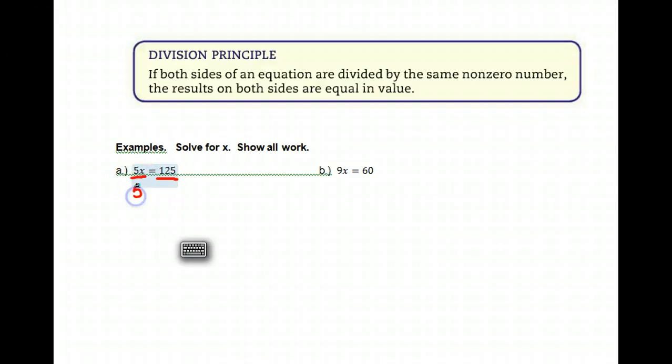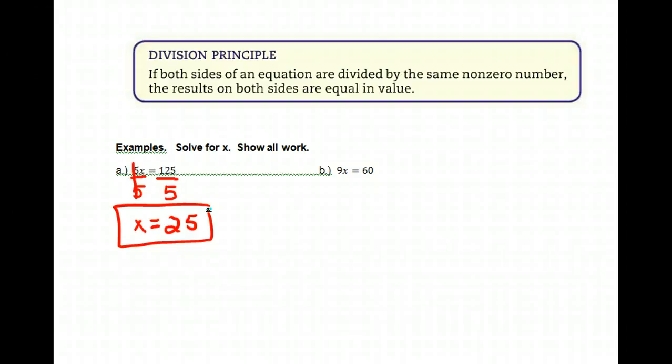What do you need to divide by? 5, because that's what's attached to your variable. On the left-hand side, your 5's cancel, and you are left with x equals 125 divided by 5 makes 25. And you are finished.